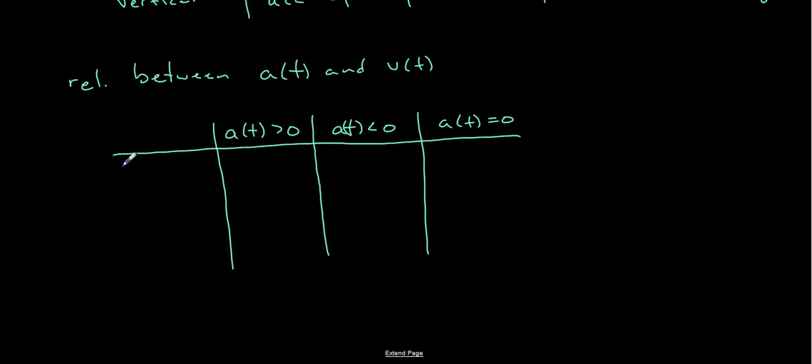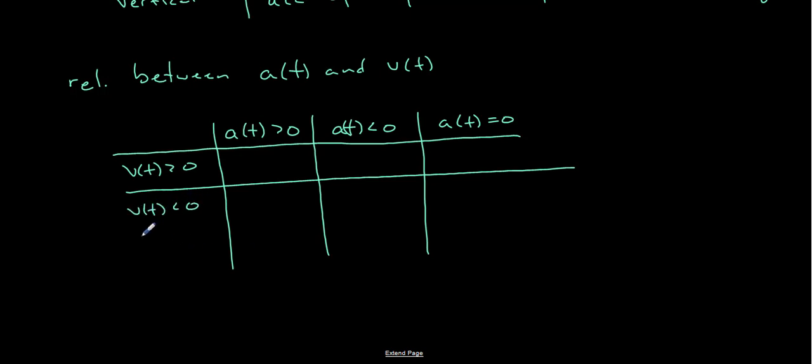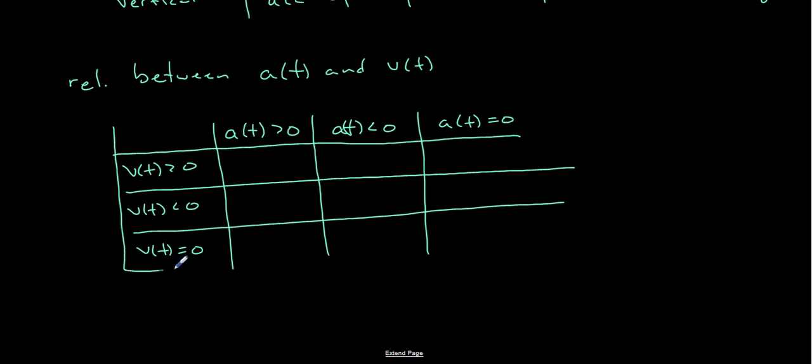Over here, let's put V of t greater than 0, V of t less than 0, V of t equals 0. All right, we'll make this look a little more proper.